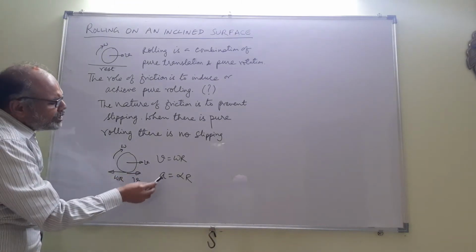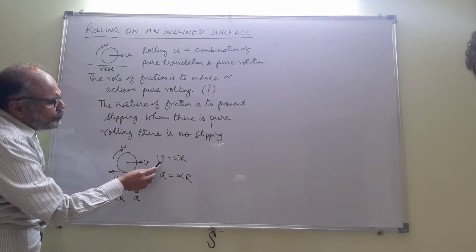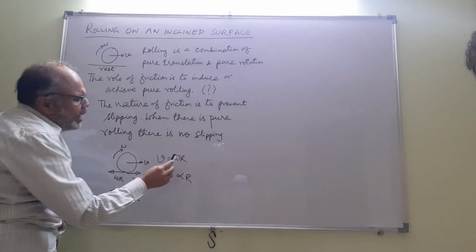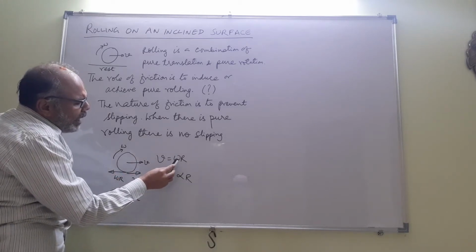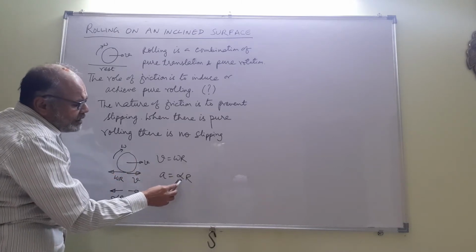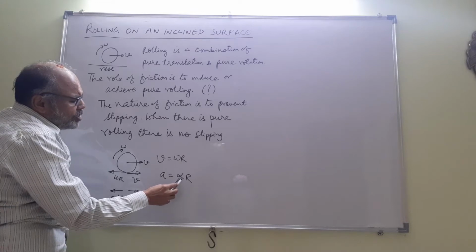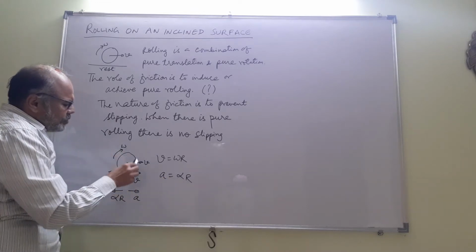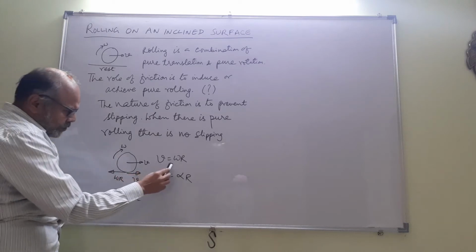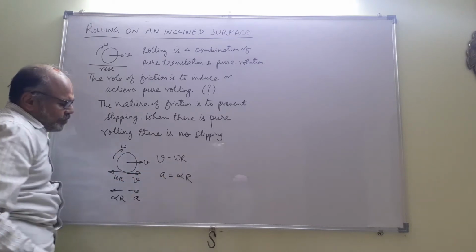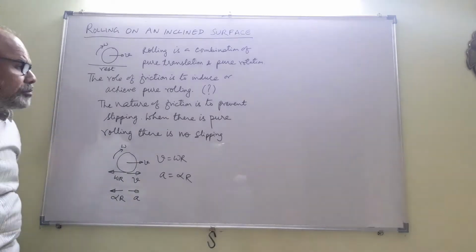If you differentiated this, the derivative of the velocity of the center of mass will give the acceleration of the center of mass, and the derivative of the angular velocity with respect to the center of mass will give the angular acceleration alpha with respect to an axis through the center of mass. So v equals omega r gives us a equals alpha r.